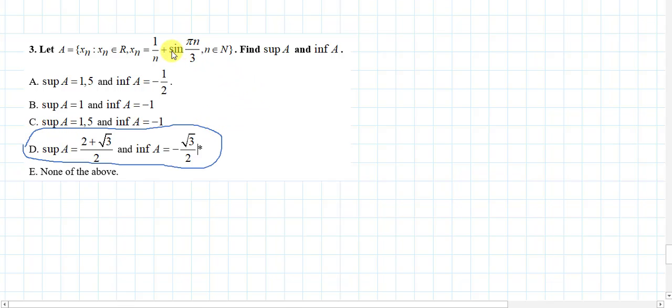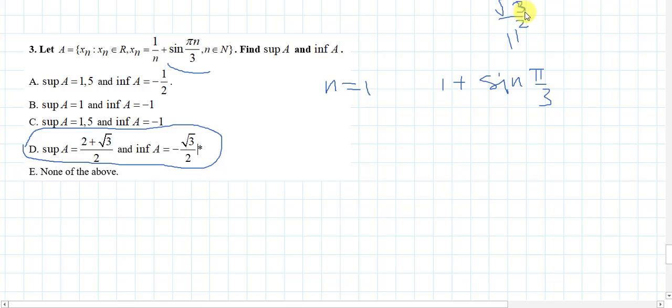Here, this is sine, and from trigonometry, if we put 1 instead of n, in this case it will be 1 plus sine pi over 3. So sine pi over 3 equals square root of 3 over 2.